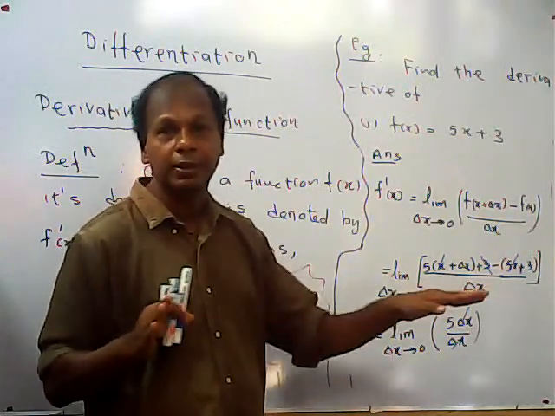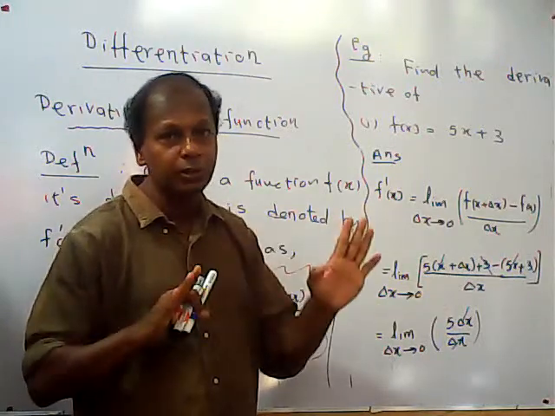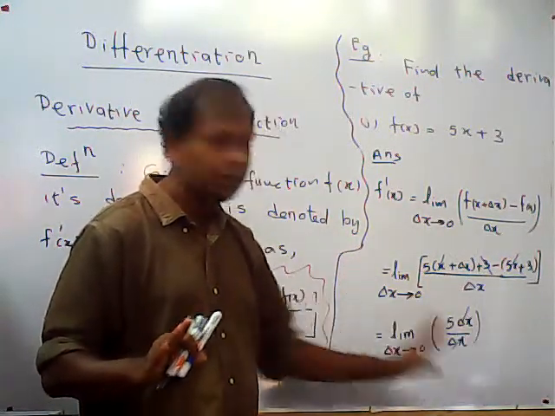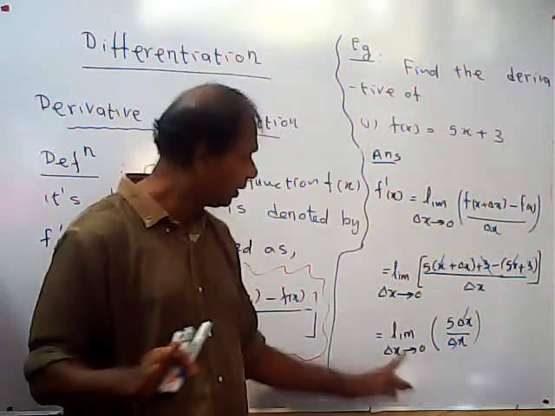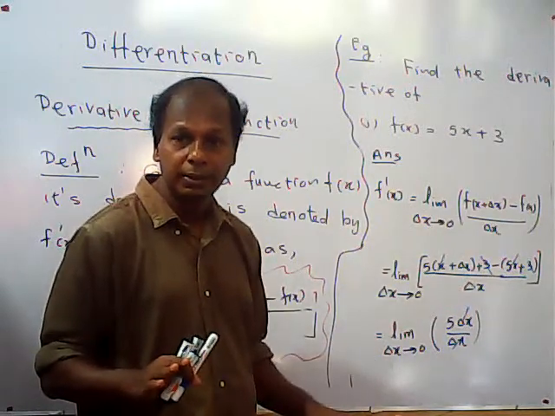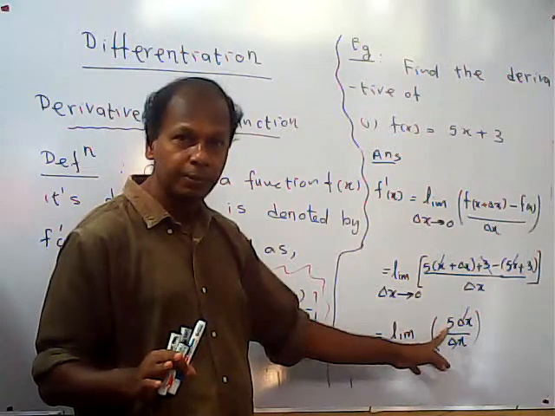We just want to find what happens as delta x gets closer to 0. So it's not equal to 0. So saying delta x is not equal to 0, you can cut these things. They will get cancelled. If delta x is equal to 0, you can't make things disappear like that. So delta x disappears, leaving only 5.